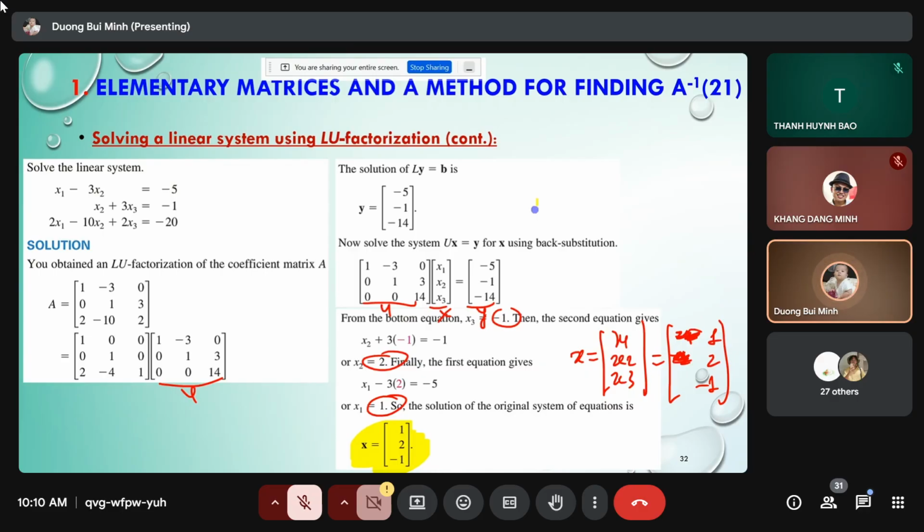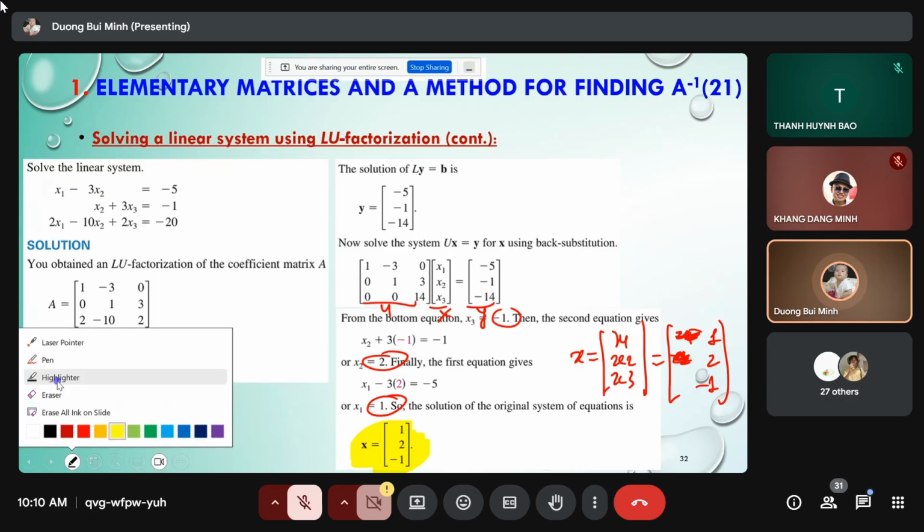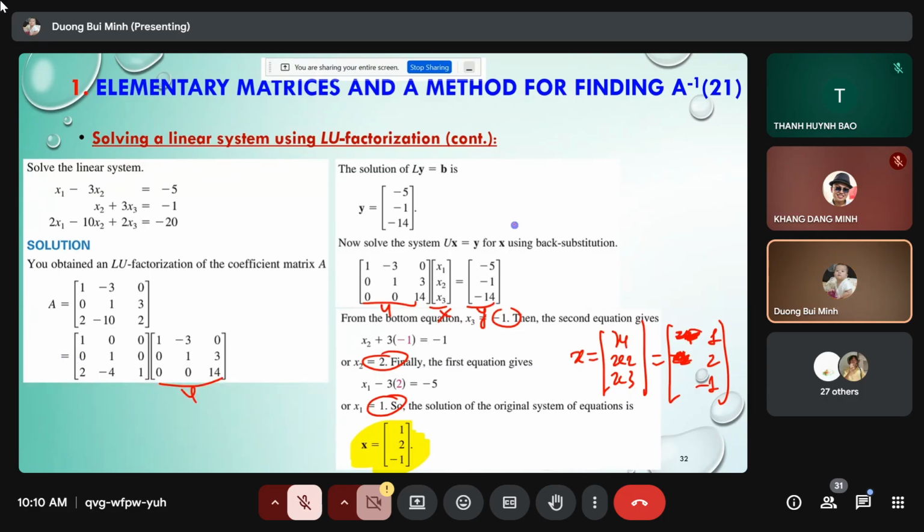If we have a linear system with more variables, LU factorization is a good method for you to figure out the solution of the linear system. Of course, you can solve this question directly; we just apply Gaussian elimination and also get X. But why do we use LU factorization?